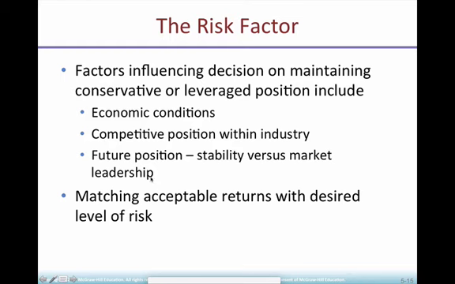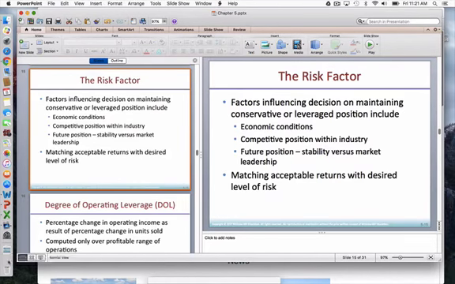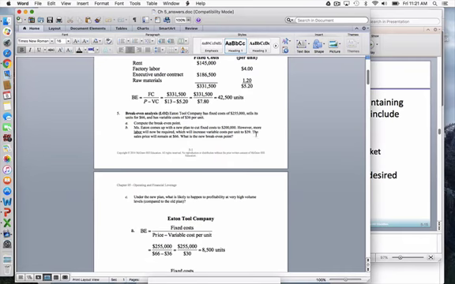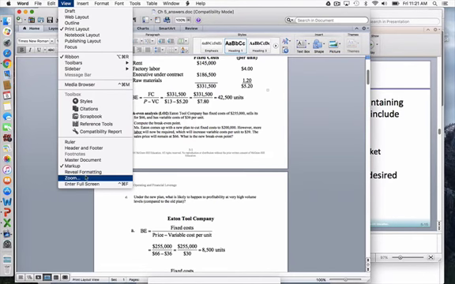And we have time in this video to work on an application on this leverage concept. Let's find one here on break-even analysis from chapter 5. This business has a fixed cost of 255,000. Let's make it a little bigger.